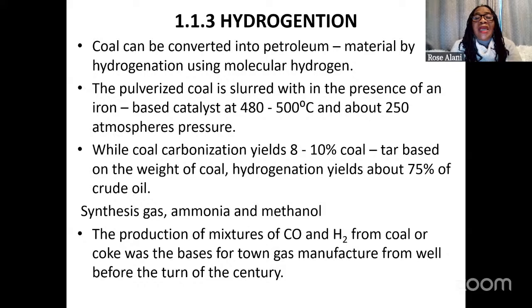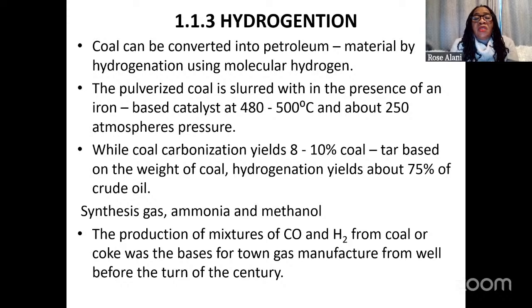You remember the last slide we talked of manufacturing synthesis gas by gasification, and so the hydrogen that is obtained there can be used for this hydrogenation process. So you have the coal pulverized, and then in the presence of iron-based catalyst at 480 to 500 degrees centigrade, about 250 atmosphere pressure.